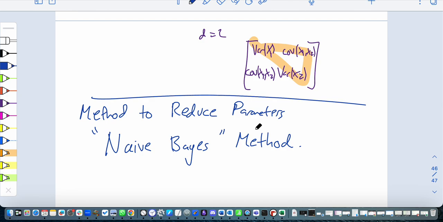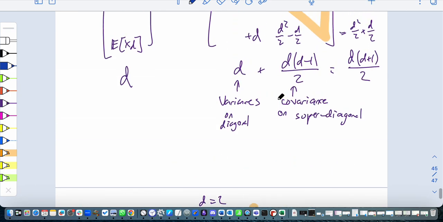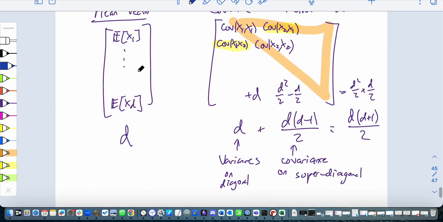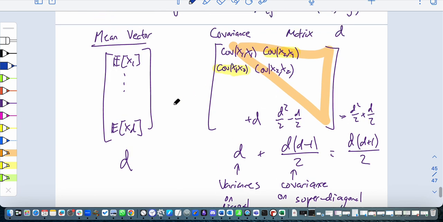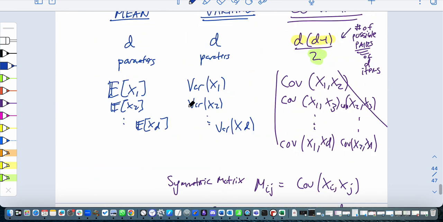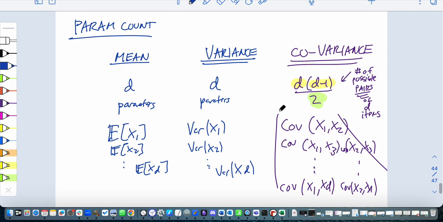And the naive Bayes method says, let's pretend all the parameters that were quite difficult, so the d means and the d variances, sure, those were pretty intuitive. But these extra ones, these covariances, these are annoying.